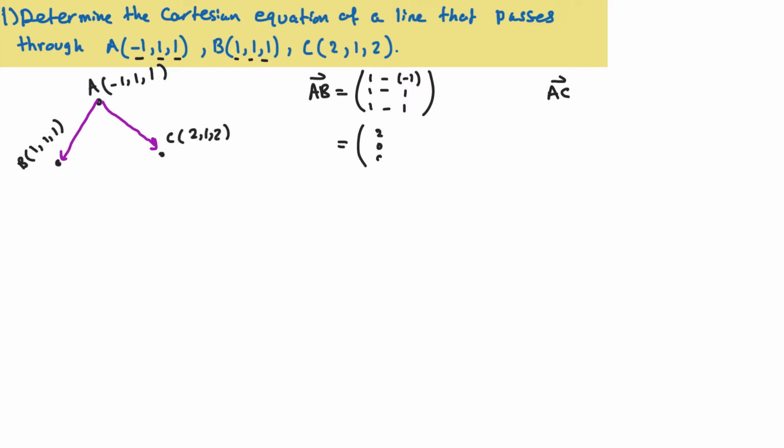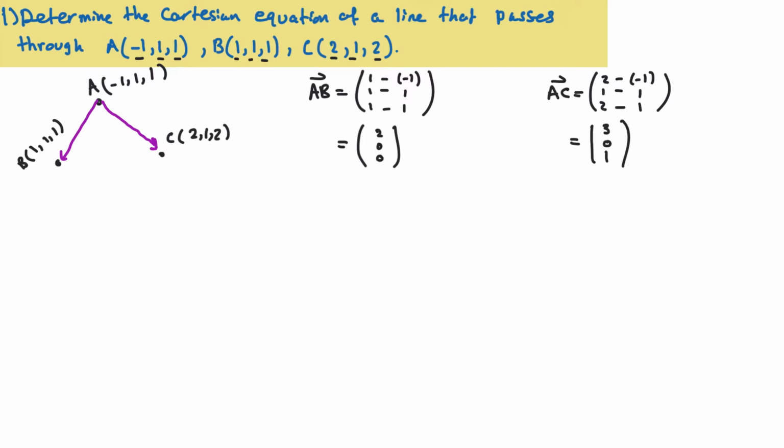We get 2, 0, and 0 for AB. And for AC, we're going to use the coordinates of C, which are 2, 1, 2, and subtract the coordinates of A, which are negative 1, 1, and 1. When we subtract them, x will be 2 minus negative 1, that's positive 3. 1 minus 1 is 0, and 2 minus 1 is 1.